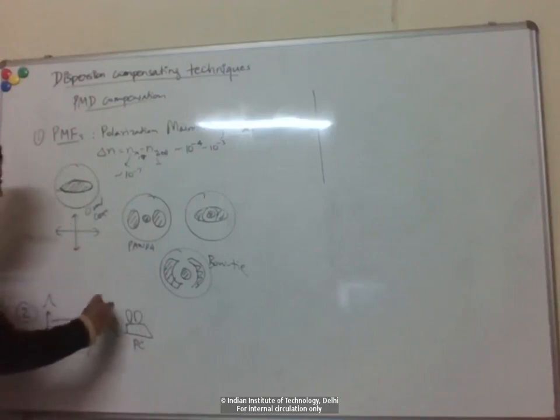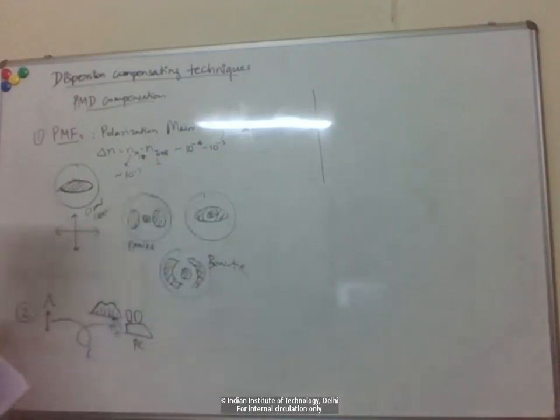And also the pulse has broadened, and within the pulse, different time delays have different polarizations, because of the different speeds.